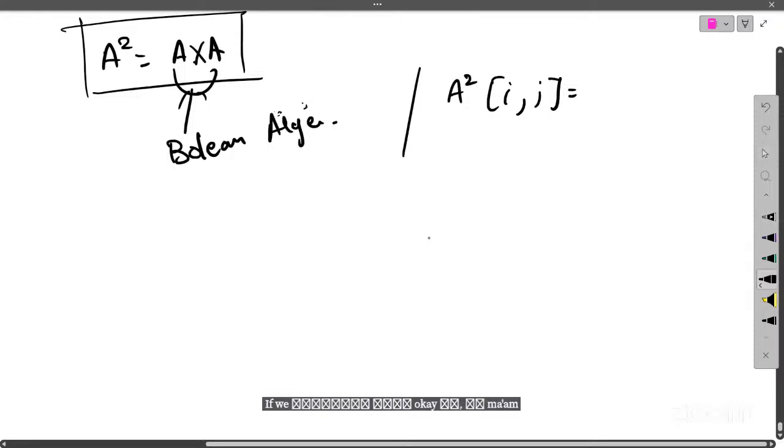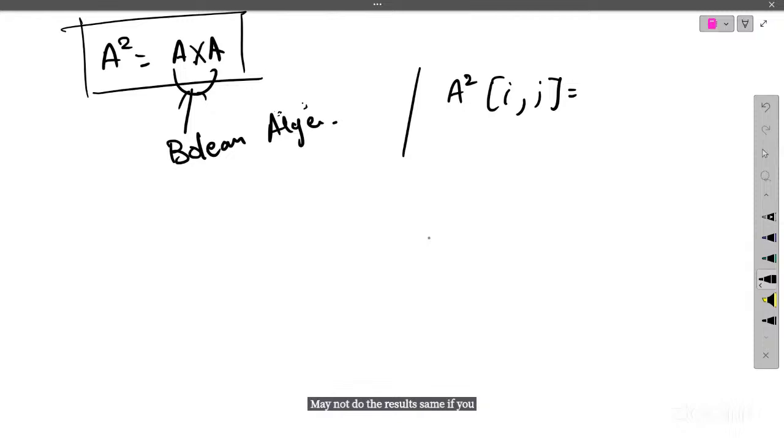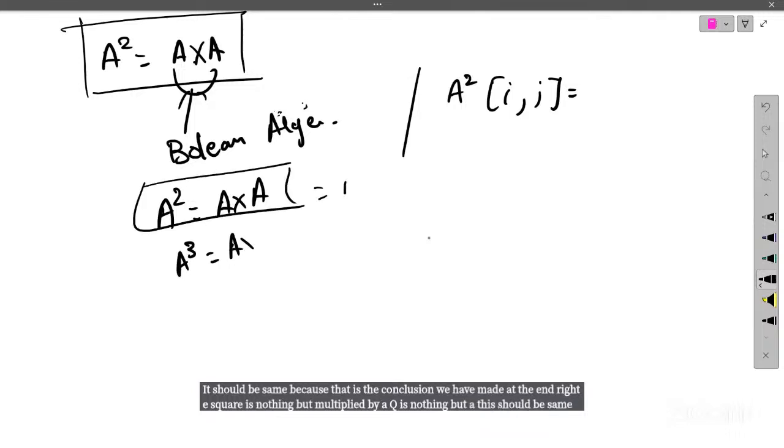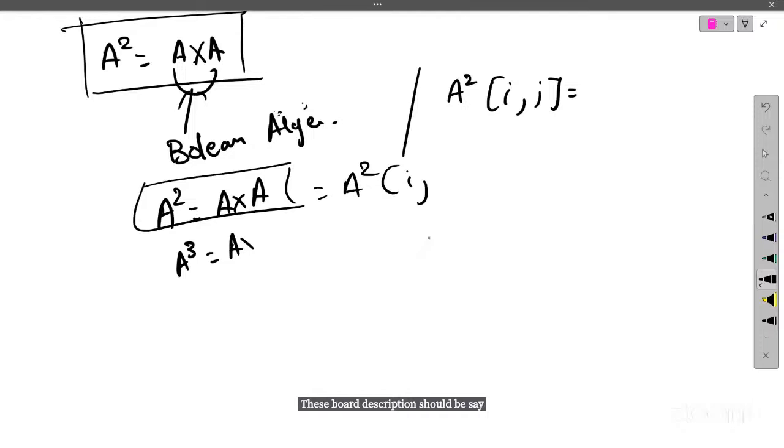Ma'am, it will result the same if you multiply A to A. No, they are different results. I'm getting different results. It should be same because that's the conclusion we have made at the end, right? A square is nothing but A multiplied by A. A cube is nothing but A multiplied. They should be same. I think we are making some mistakes.